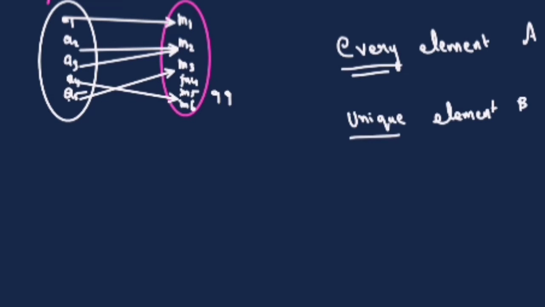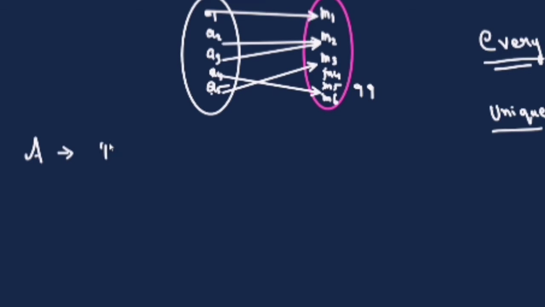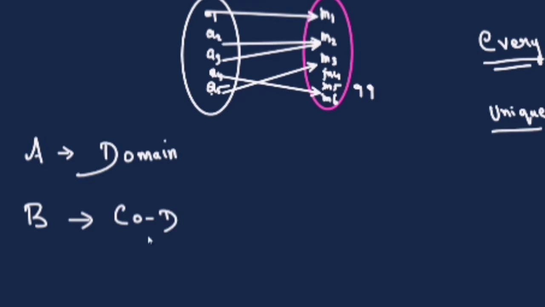So this set A is called the domain, and the set B is called the codomain. See which are the elements mapped here? M1, M2, M3 and M6, isn't it?